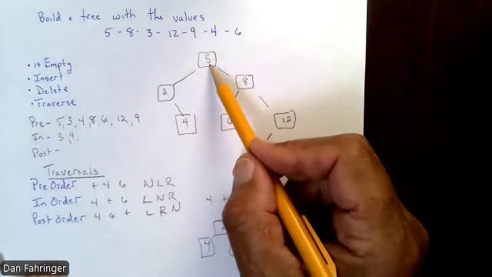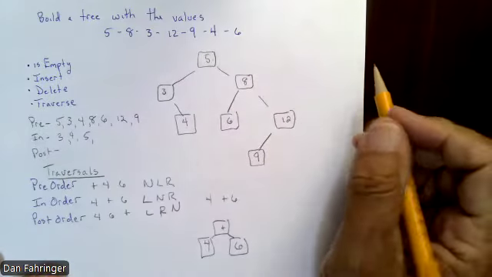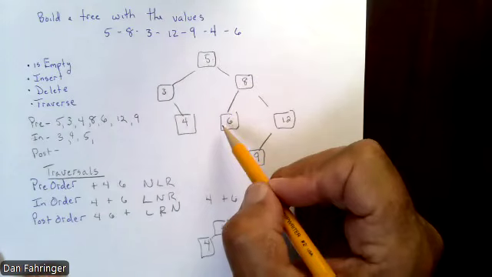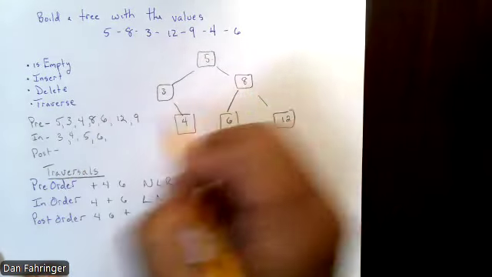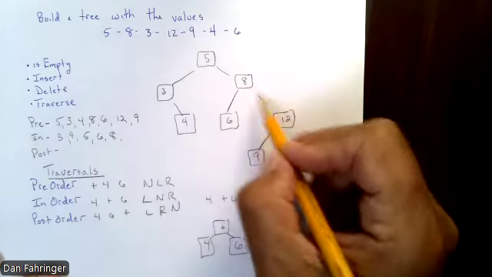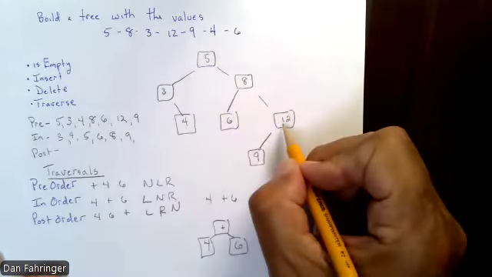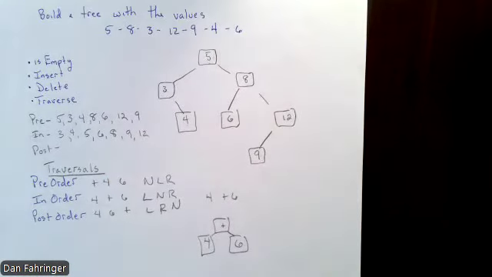This was 5's left. So I go back and this now becomes a 5. Then I go to the right. Now that I'm here, I go left, 6. Go back up node, 8. Right. I go to its left, which is 9. Go back up to its node. Check its right, and I'm done.